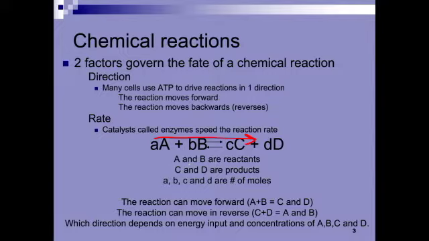And so enzymes are a class of proteins that are referred to as biocatalysts or biological catalysts. And to define a catalyst, it is something that is added to a reaction that will speed up the rate of the reaction. However, that catalyst will not be used up in the reaction.